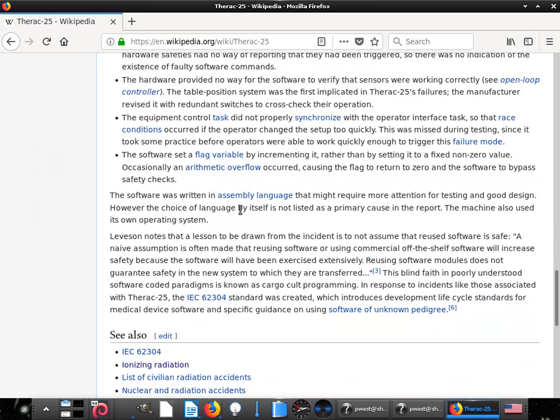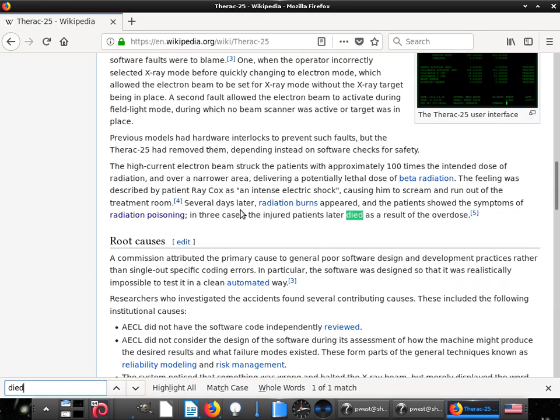Yeah, 6 accidents, and I'm trying to remember. I think it was something like 3 died, 3 lived, and then died of cancer or something like that. Yeah, 3 cases, the injured later died as a result of overdose. So it did kill 3 people. Ooh, radiation poisoning. I mean, either way, it's somebody's fault.